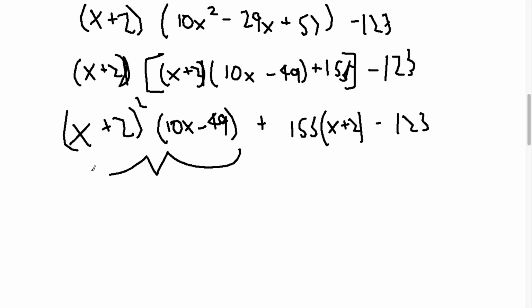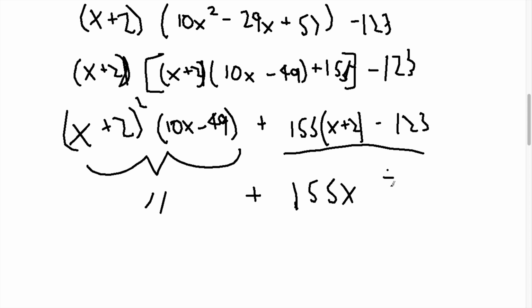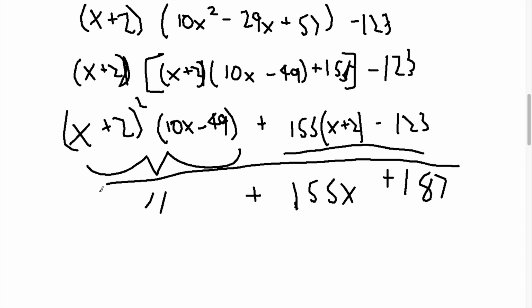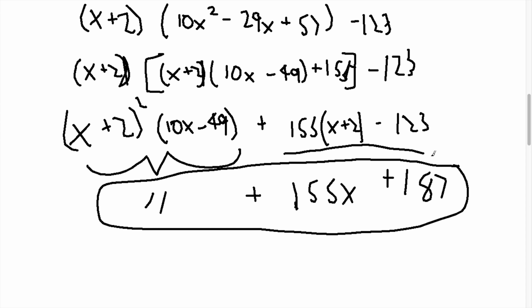To simplify even further, this just transfers down, and this all becomes 155x plus 187, which means this is what the Taylor expanded form of the original equation looks like.